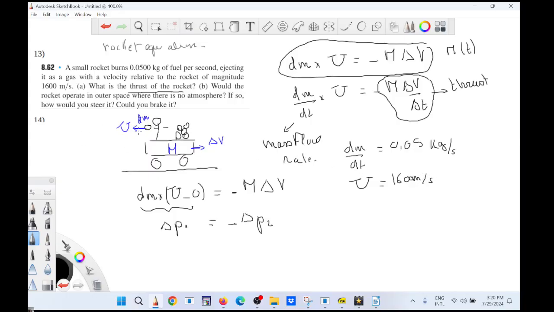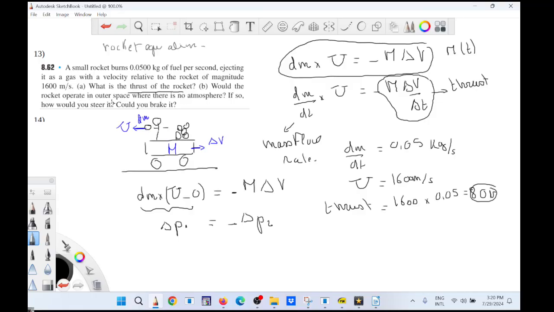So that's the speed relative to the rocket. What's going to be the thrust? All you have to do is to multiply. So the thrust is going to be 1600 times 0.05, and you get 90 Newton. So for every action, you have a reaction.